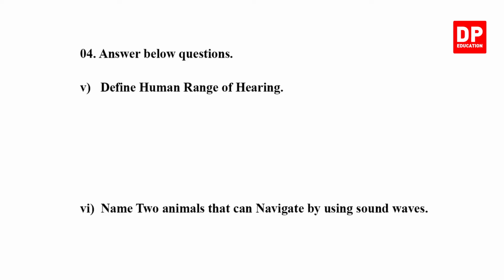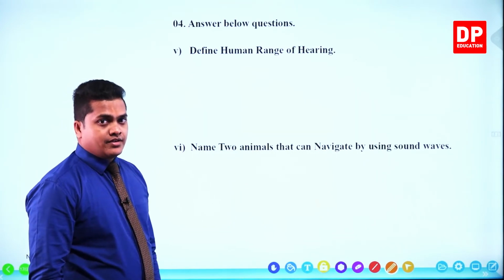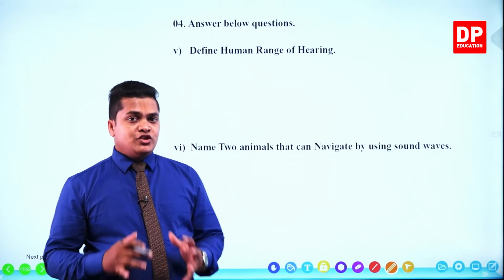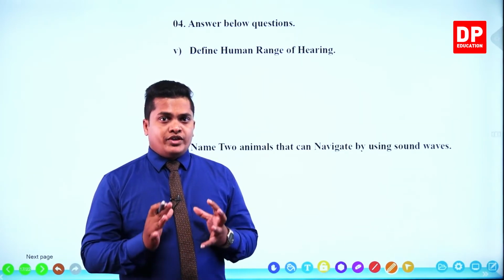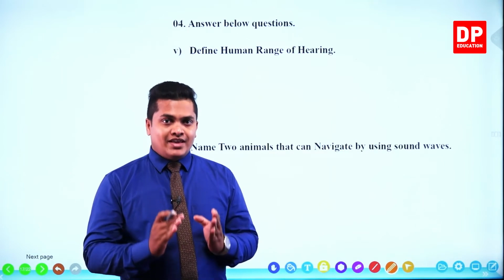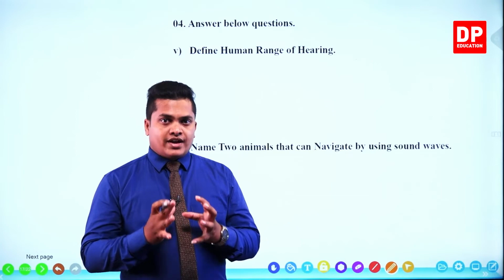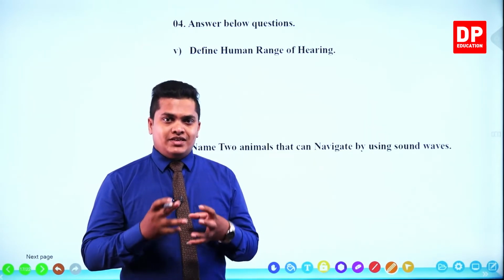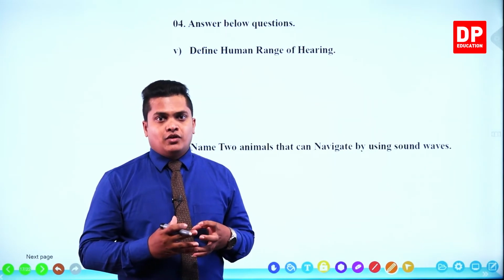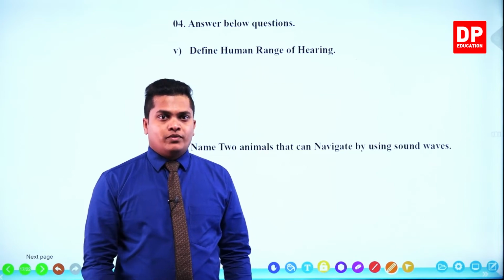Next one. Define human range of hearing. The range of hearing means the limit of sound which a human can hear. The range of frequencies which is sensitive to human ears is the hearing range of a human.